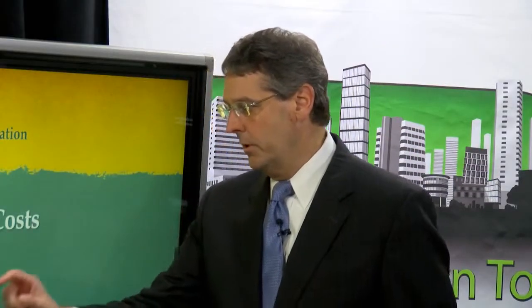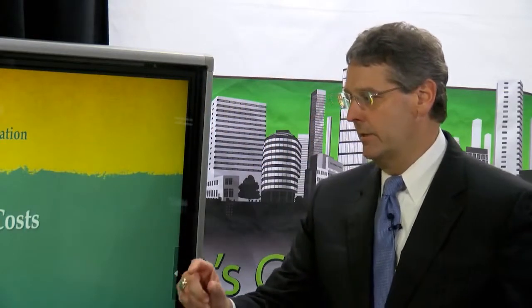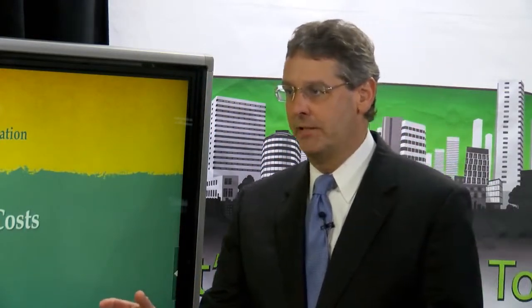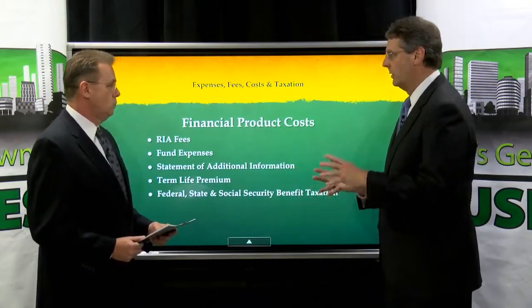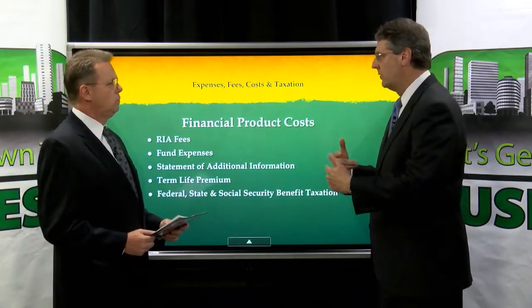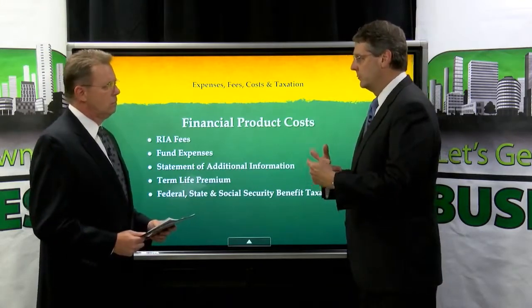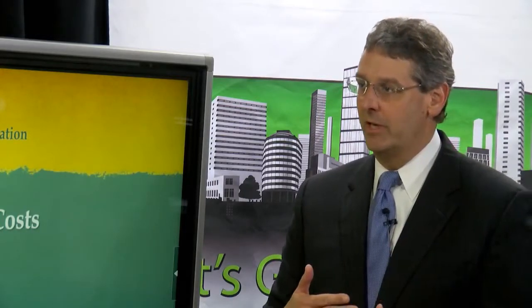Yeah, and one thing I want to jump in on with fund expenses is what I refer to as the loser's tax. When you have an actively managed account, like global or emerging markets, where there's a lot of turnover, one of the things you have to look at is the turnover rate. Because if that fund is turning over more than 100%, they're going to have short-term capital gains, which are taxed at ordinary tax rates.